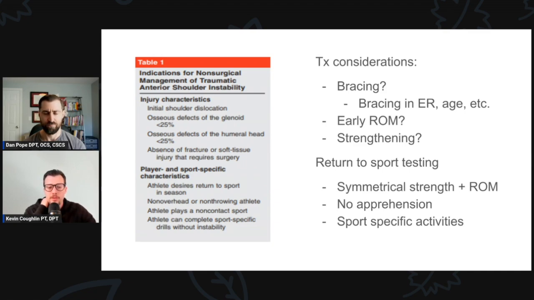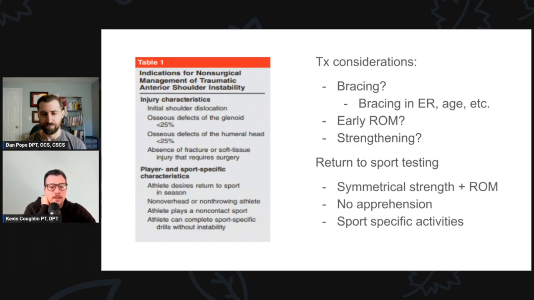Same thing with the humerus: a Hill-Sachs osseous defect of the humeral head less than 25%, and absence of fracture or soft tissue injury that requires surgery.